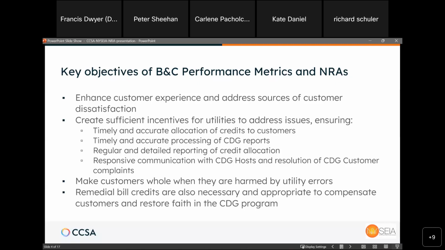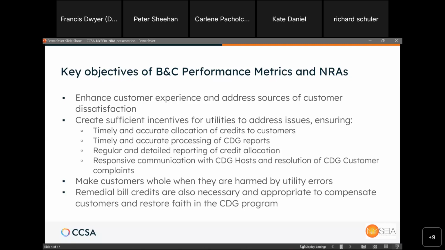That would ensure the timely and accurate allocation of credits, processing of CDG reports, regular and detailed reporting, and responsive communication and resolution of complaints. It's critical to make customers whole when they've been harmed by these billing and credit errors by making sure that they receive the full value of their CDG subscription and any credits owed to them.